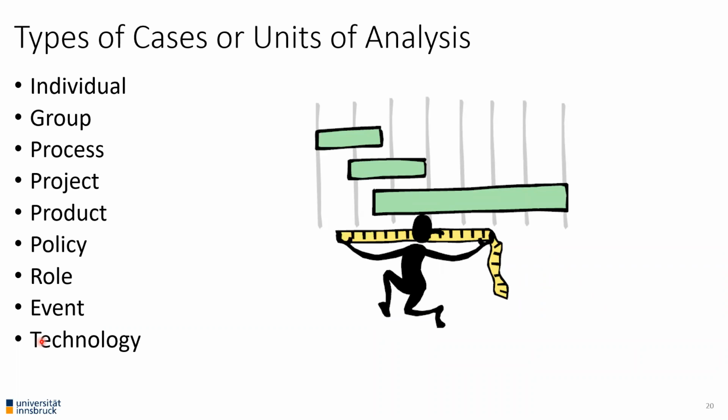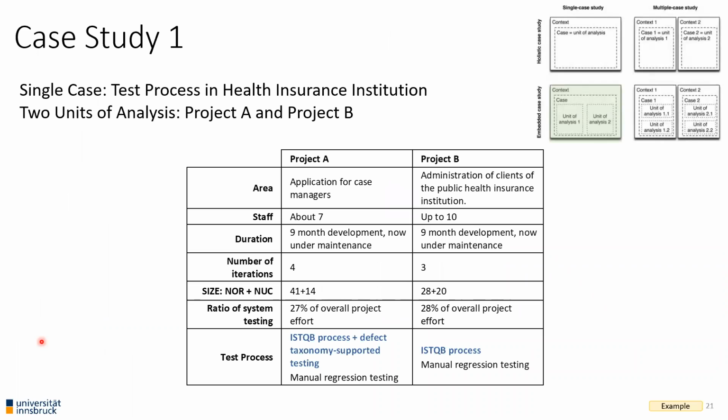So there is a large variety of what you can take as cases, and let's look into the cases in the 2 case studies that I want to tell you about. In the first case study, about using defect taxonomies to improve requirements-based testing, we had 1 case, and this 1 case was the test process of a health insurance institution. We improved the testing there, and their test process was our case.